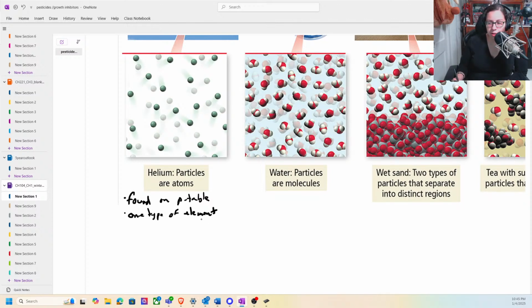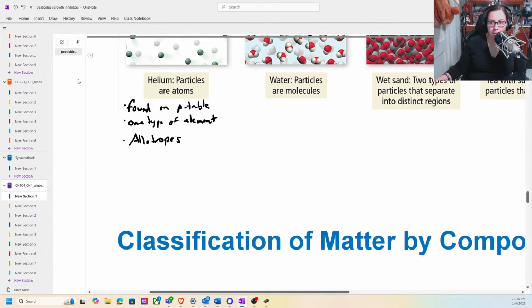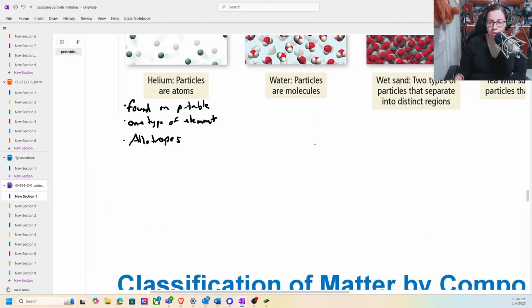What I mean by that is, let's discuss allotropes. What are allotropes? Let's start with carbon. You probably know some carbon allotropes without even knowing it. In fact, you could be writing with one.